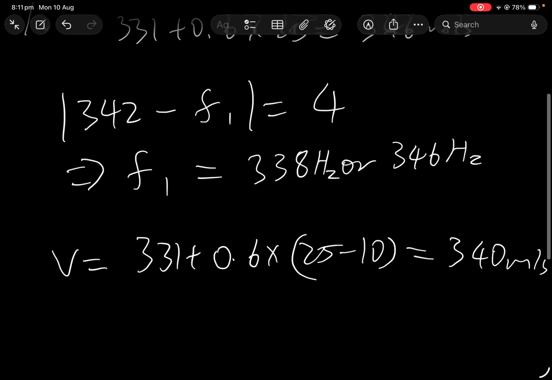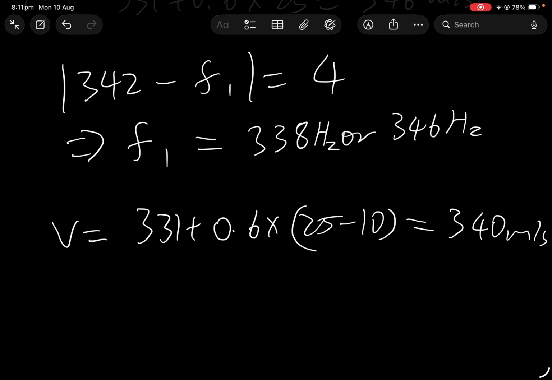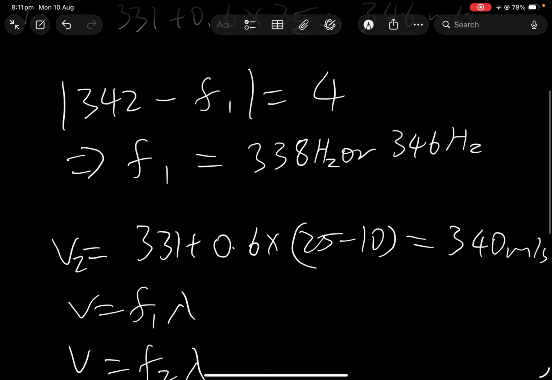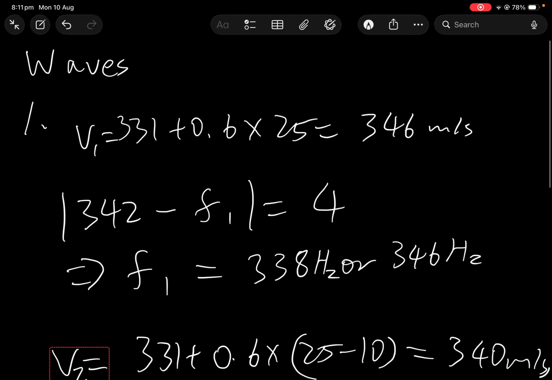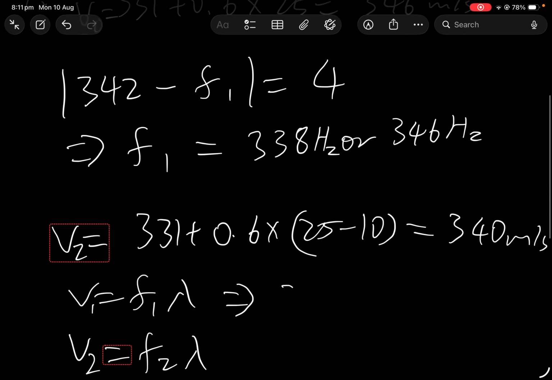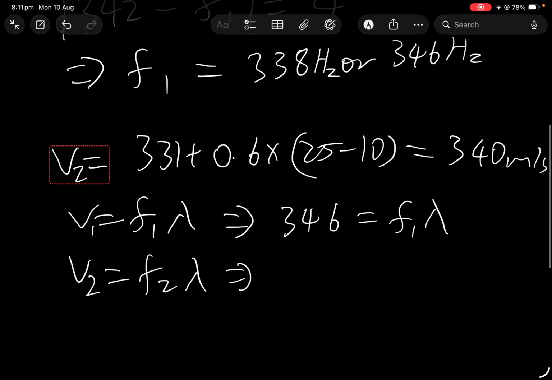And how do we get each of these frequencies? This basically means that V equals F lambda. Let's name this one V1 and this one V2, so V1 equals F1 lambda, and V2 equals F2 lambda. So 346 equals F1 lambda, and 340 equals F2 lambda.